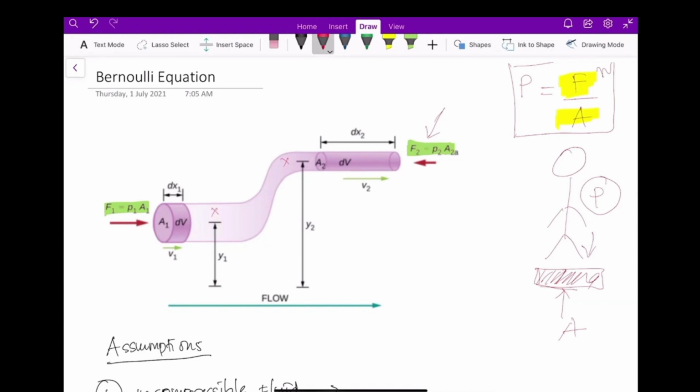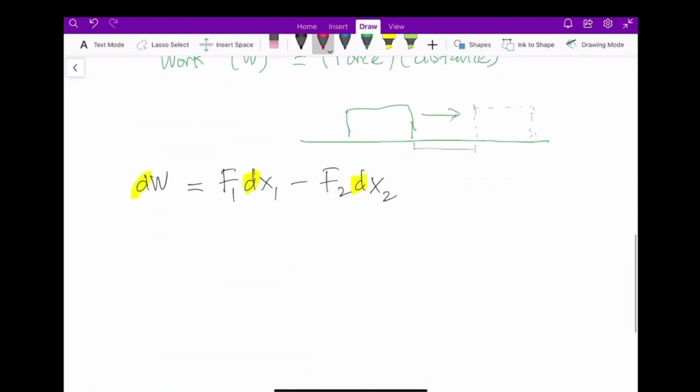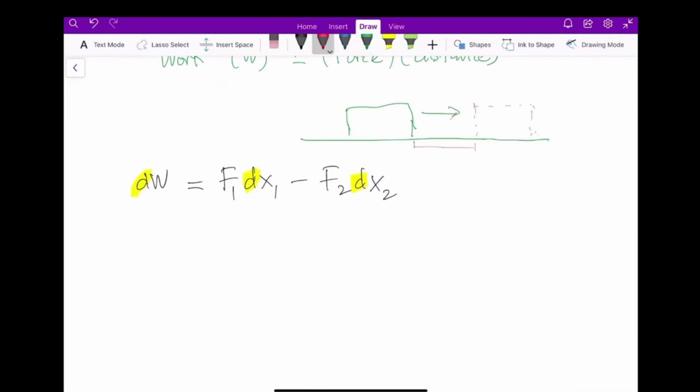So you should know how to calculate A1 and A2 for the piping system, which you have done many times in lots of engineering problems. So this is the force that appears in this equation.